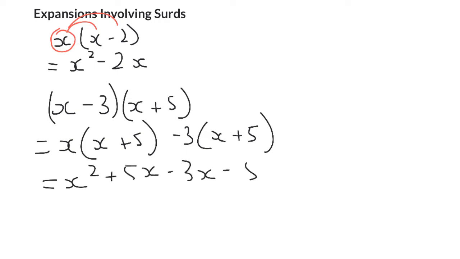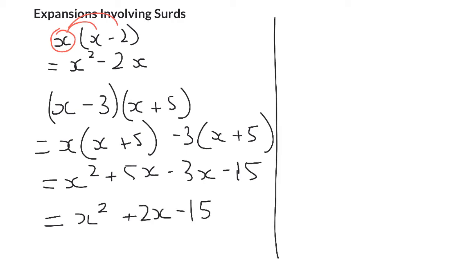Simplify the middle terms there because they're like terms. x squared plus 2x minus 15.